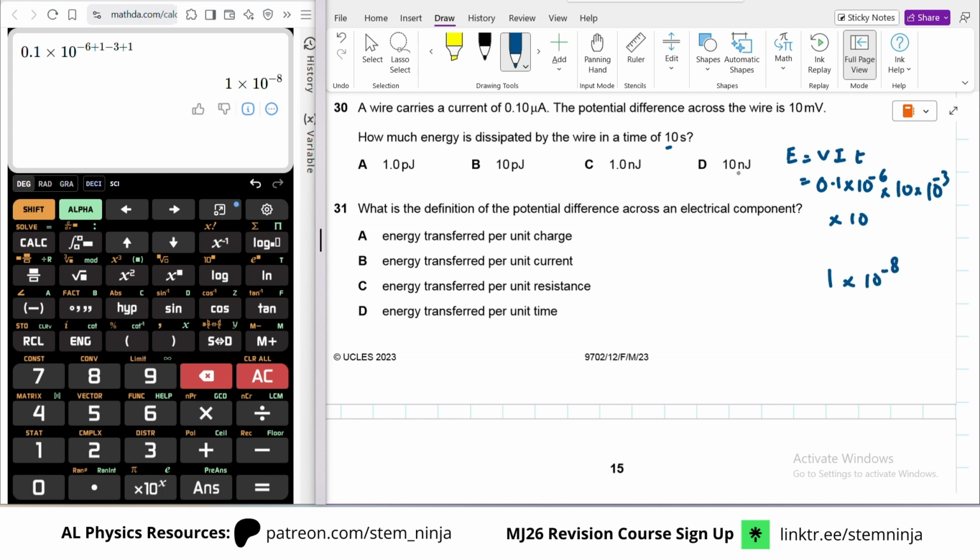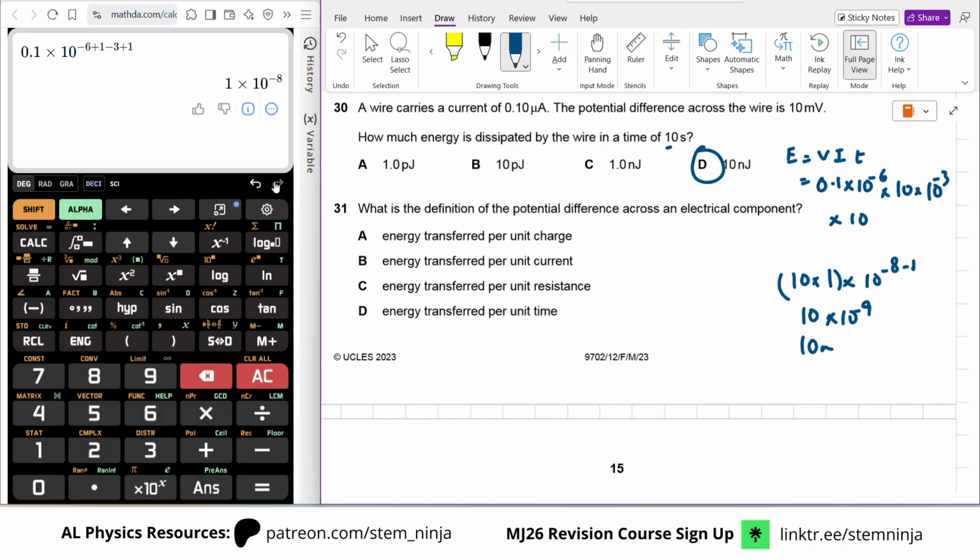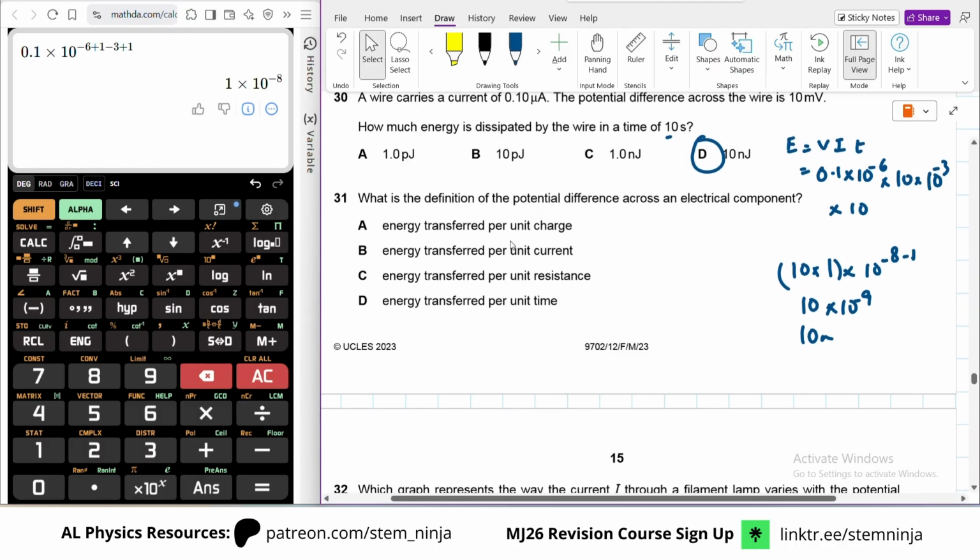Now we need to figure out whether it's 10 nanojoules or that. So we need to add minus 1 over here. That means we are dividing by 10 over here, but we need to multiply by 10 on this one. So this now becomes 10 nano. So this is D.